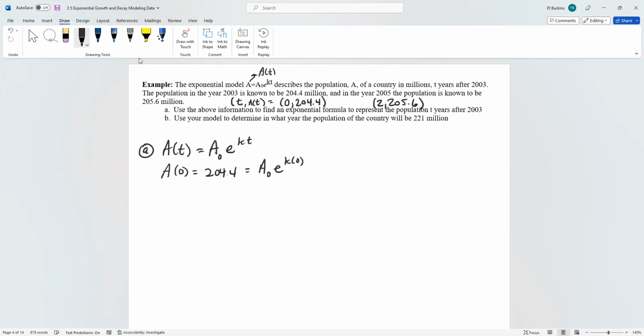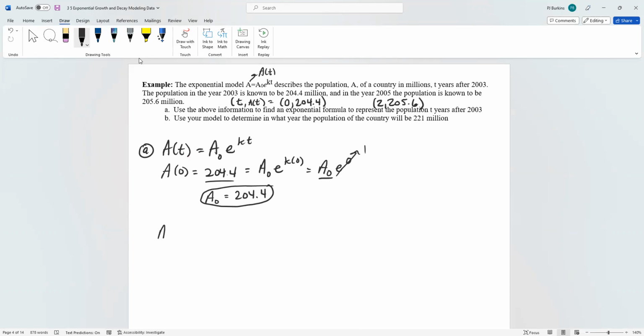Now, what you'll notice is that if that's at time T equals 0, using this type of model, e to the 0 is just going to turn out to be 1. And so we, right off the bat, get that A0 is equal to 204.4. So when I called it an initial value, it's because it actually is the initial population.